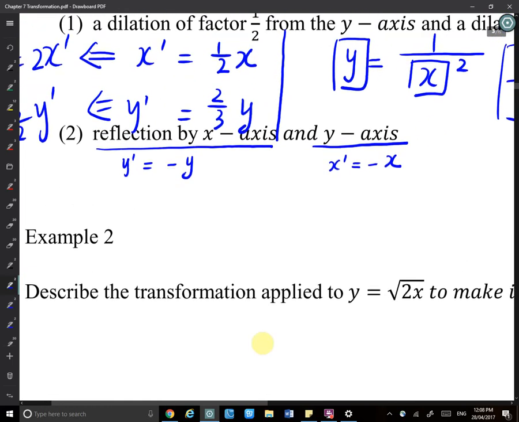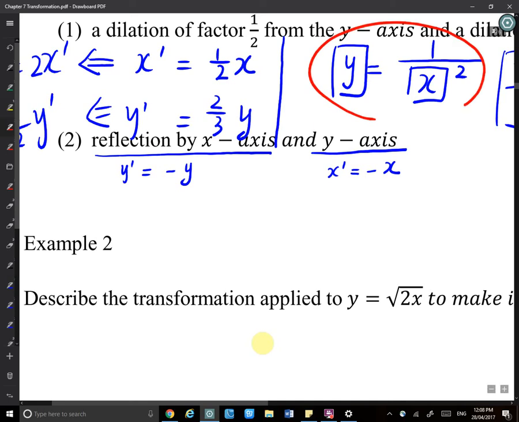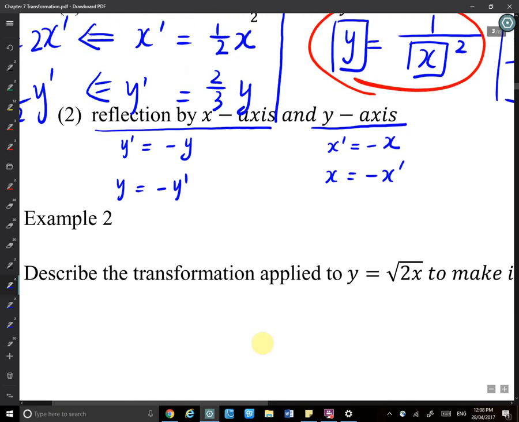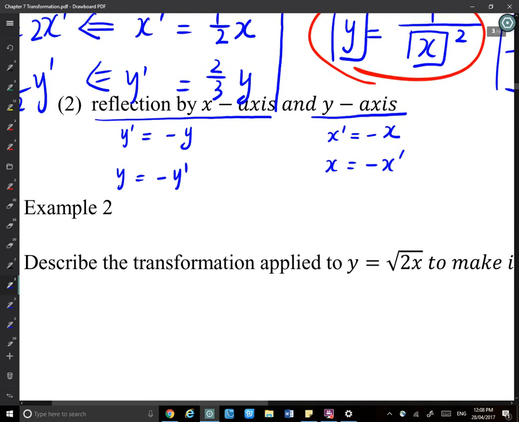So you still have the same equation on the top, y equals 1 over x squared. You still need x and y to be the subject. So y equals minus y dash and x equals minus x dash. So y replaced by minus y dash equals 1 over, replace the x by minus x dash, squared.